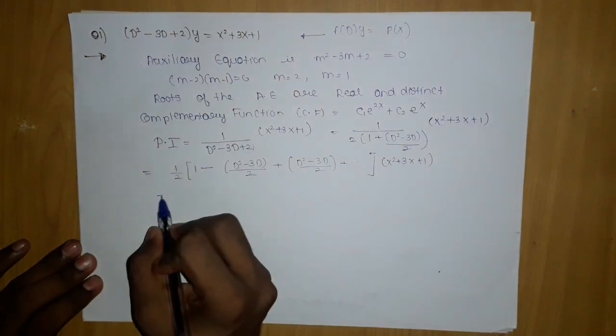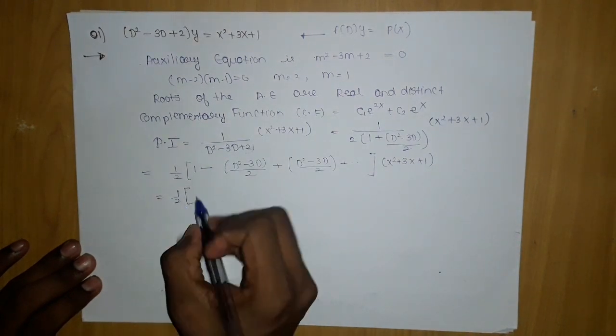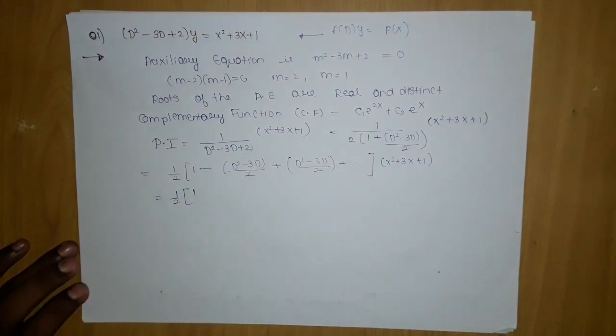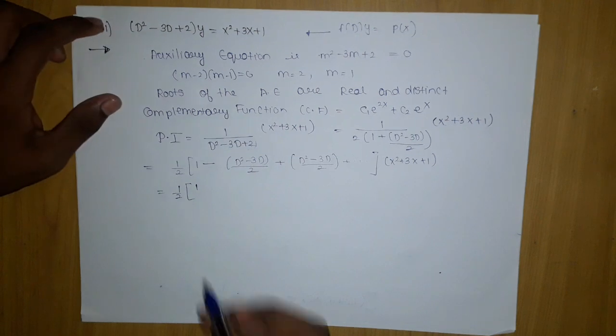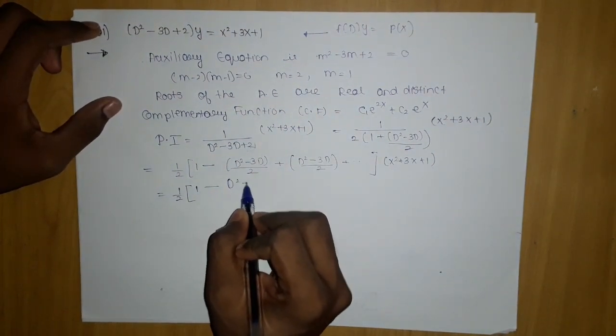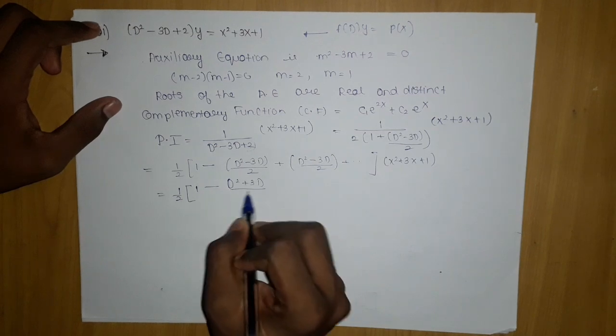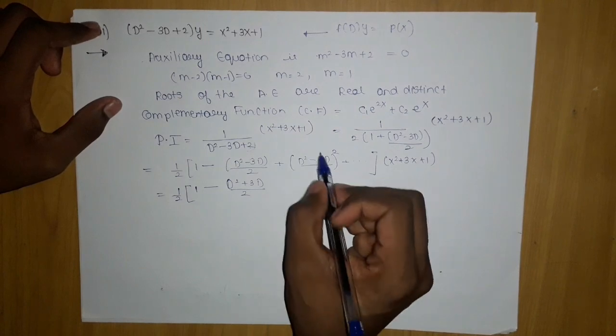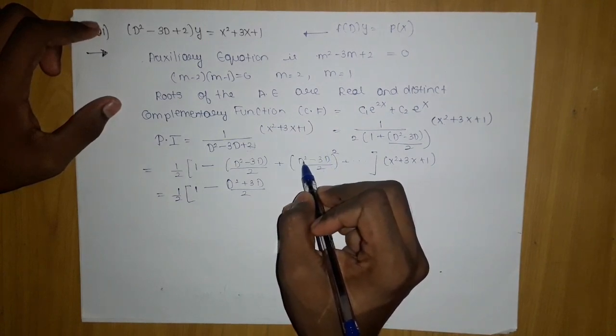After this, what we are going to do, open this. Here if we open the minus sign, it will be minus D square plus 3D by 2, and here it was whole square. So if I open this, this will be D power 4.